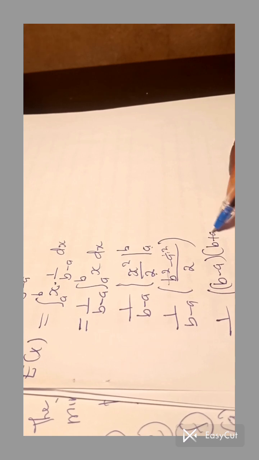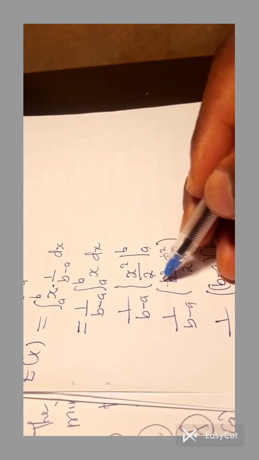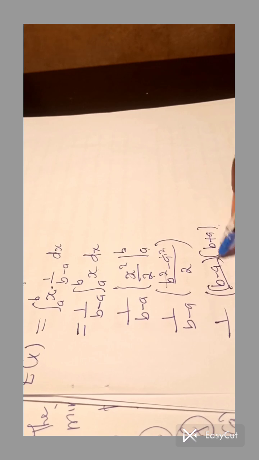If we simplify this portion further and factorize, we get b minus a times b plus a, all over 2.